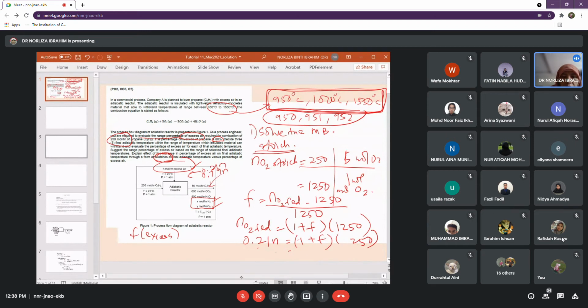So let's say our N is (1 plus F) times 1250 divided by 0.21, which is 5952.